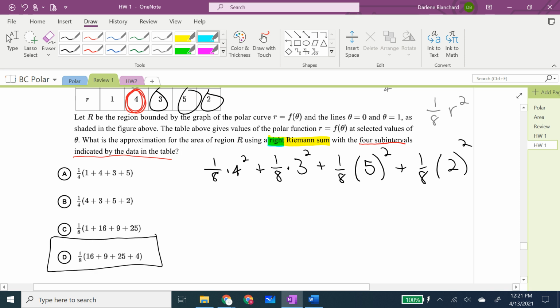And you can see that they've tried to trick you not only with the fact that this one is a left Riemann sum, but also if you look at these two, it's all about the formula. Whoever answers these two is thinking about it in the Cartesian format.